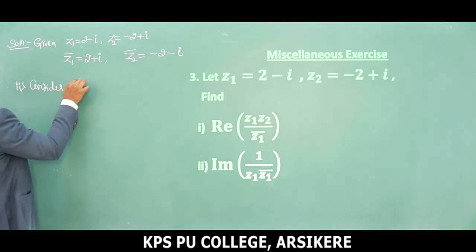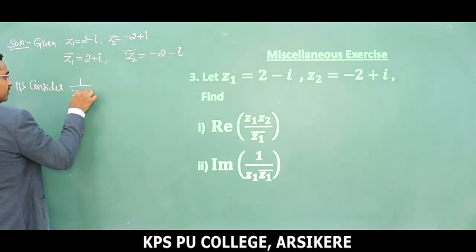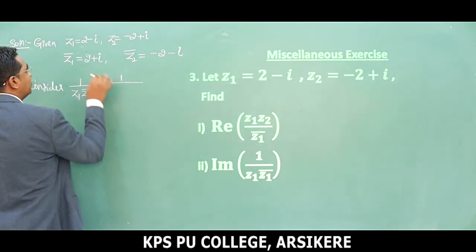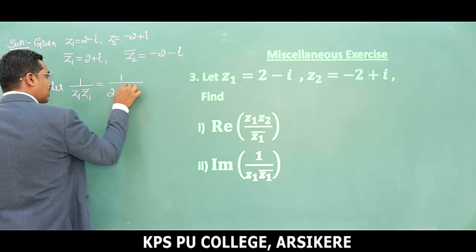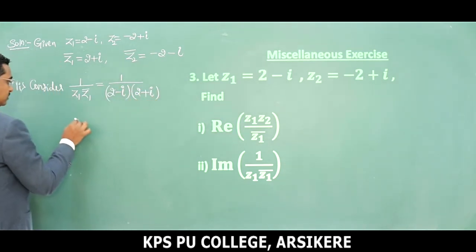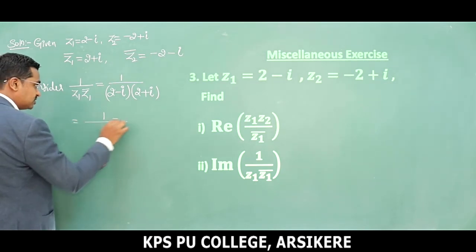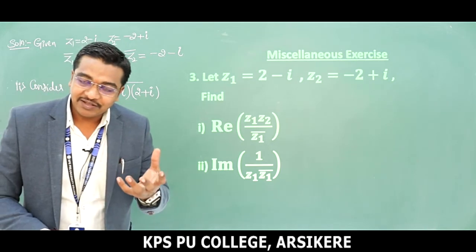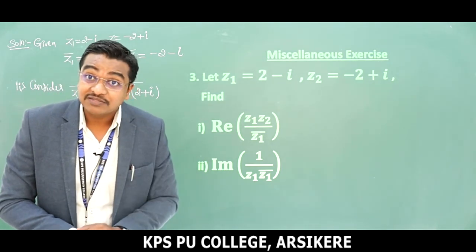Consider for the second question, 1 divided by Z1 into Z1 bar is equal to 1 divided by, what is Z1 here? 2 minus i, and Z1 bar is 2 plus i. So this reduces as 1 divided by, just observe here, 2 minus i times 2 plus i. So this is nothing but A plus B into A minus B, right?